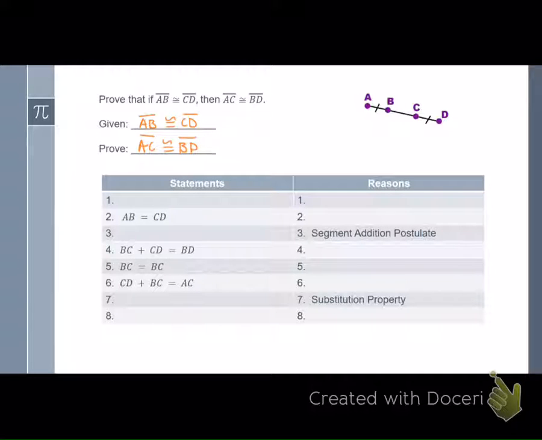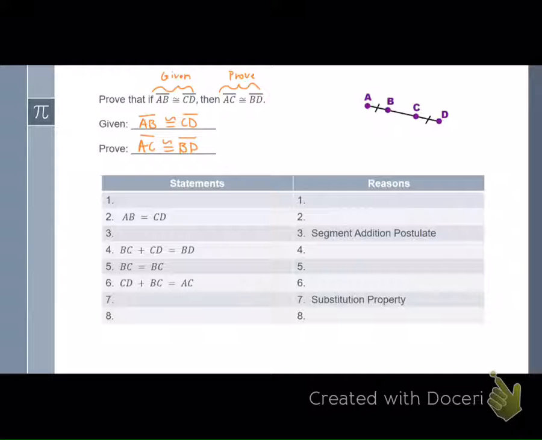So the hypothesis is your given. The conclusion is your proof. Okay, so we are given AB and CD are congruent.